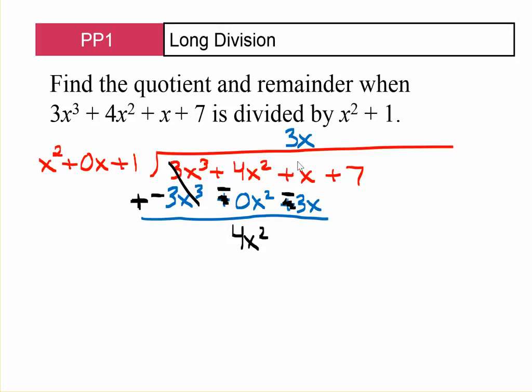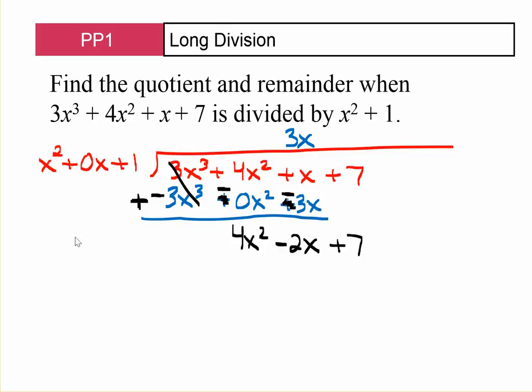Let's see, a positive 1 plus a negative 3 makes a minus 2x plus 7.